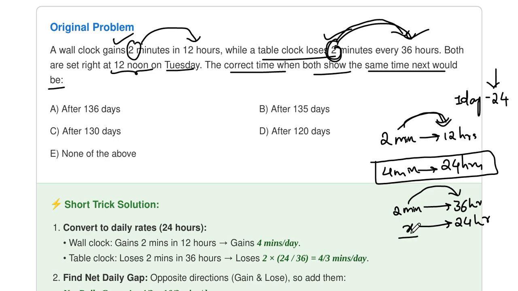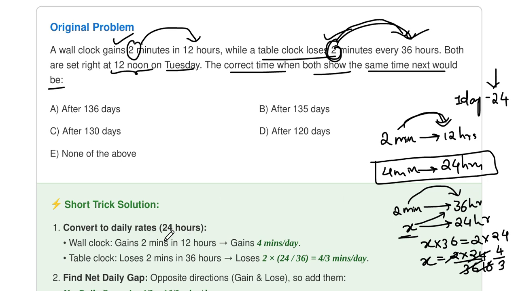If we do the cross multiplication, x multiplied by 36 is equal to 2 multiplied by 24. So x is equal to 2 into 24 upon 36. If we cancel, 6 4s are 24, 6 3s are 18, so we get 4 by 3 minutes per day.